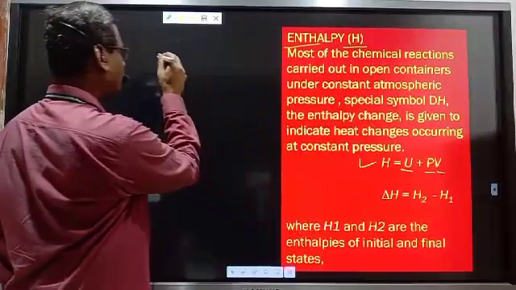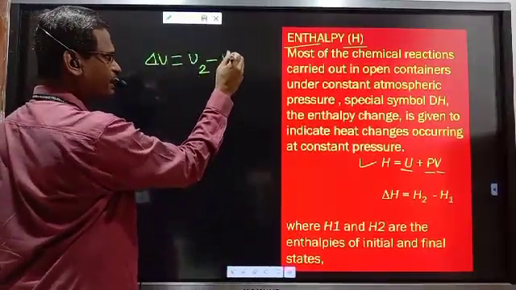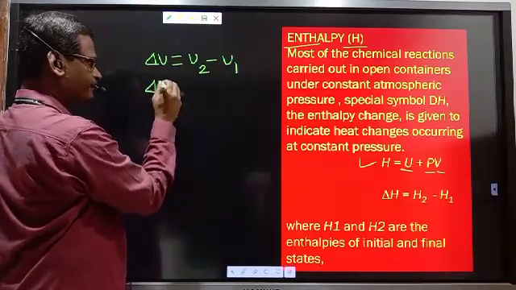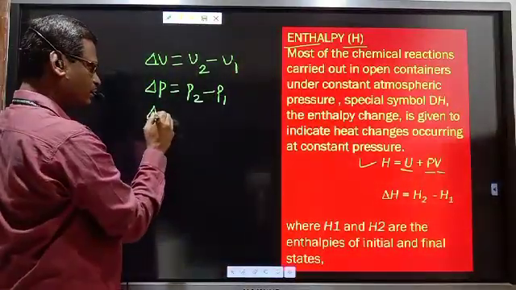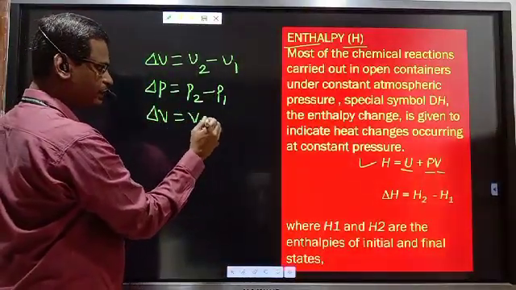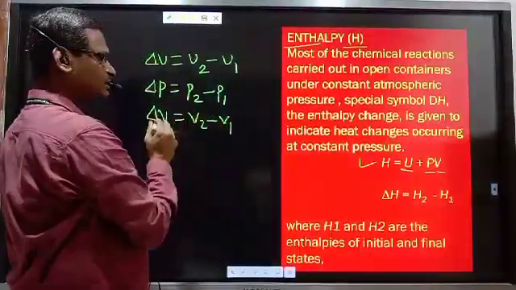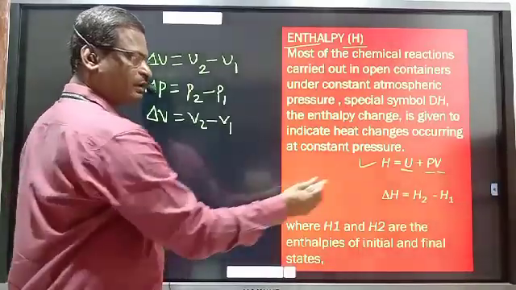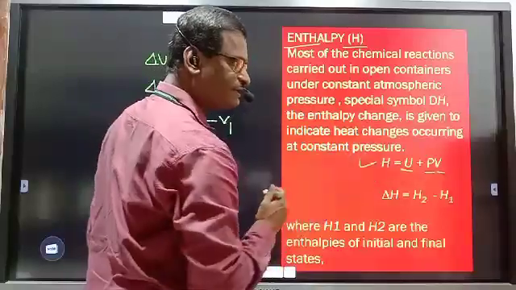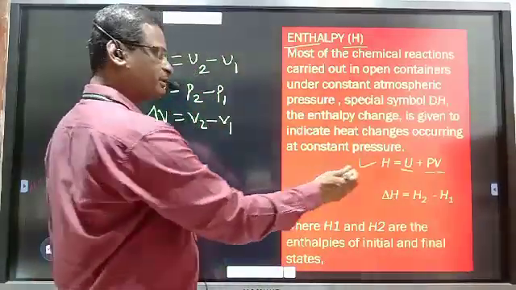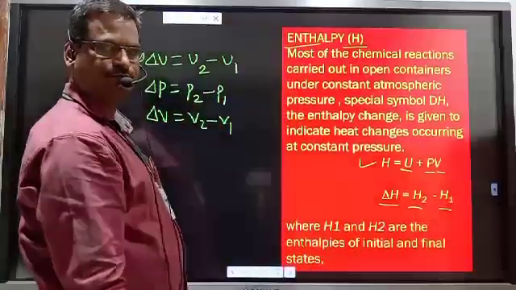We know delta U is equal to U2 minus U1, change in pressure delta P is equal to P2 minus P1, change in volume delta V is equal to V2 minus V1. These are state functions and H is a summation of these terms. Therefore H, enthalpy, is also a state function, and that is also calculated as delta H equal to H2 minus H1.